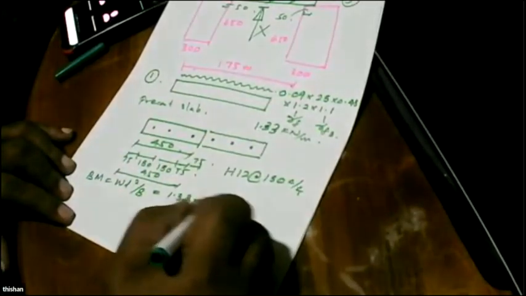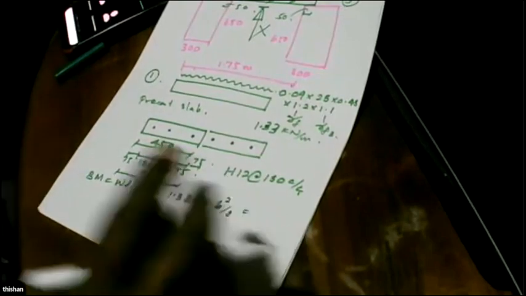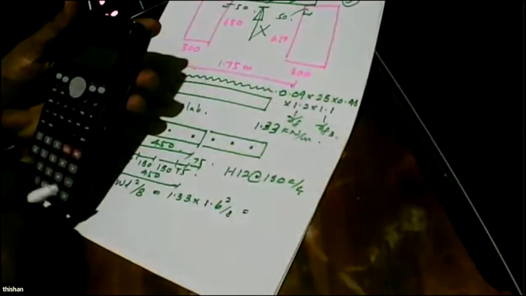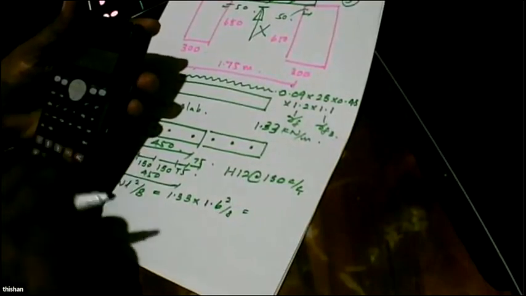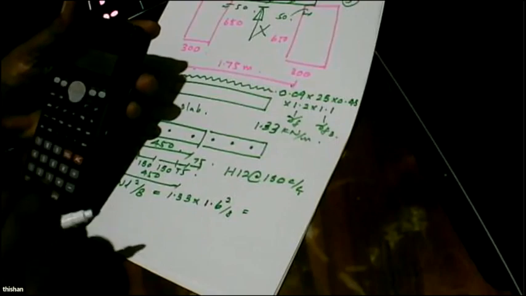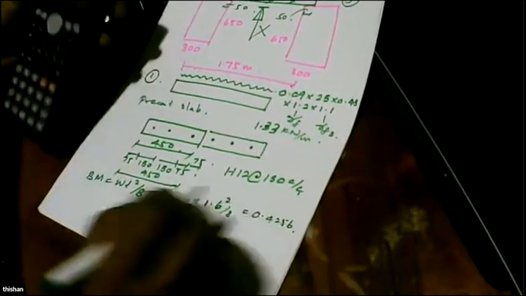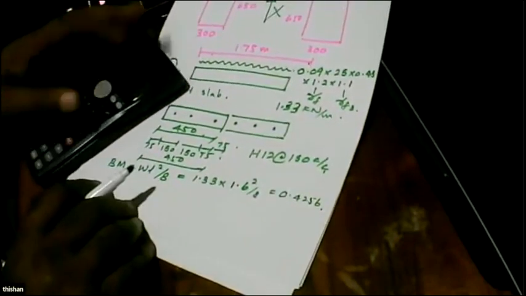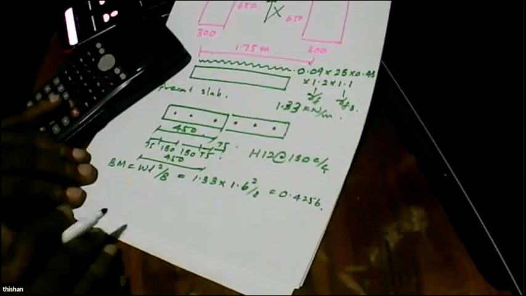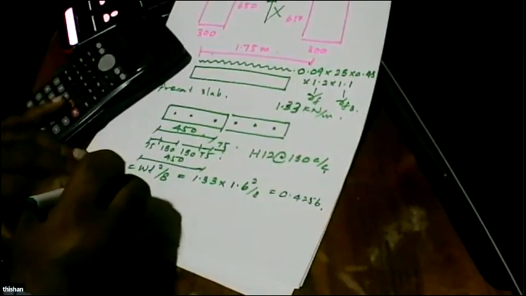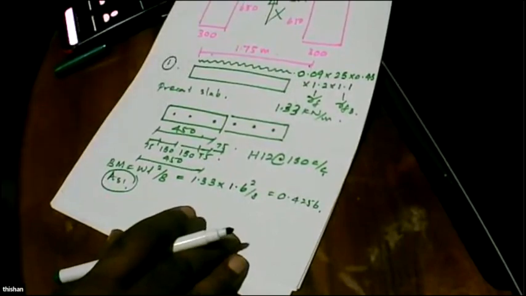So we say the span is 1.6, squared, divided by 8, and that gives a very small bending moment, and then you can find the reinforcement, and let's say that is AS1.